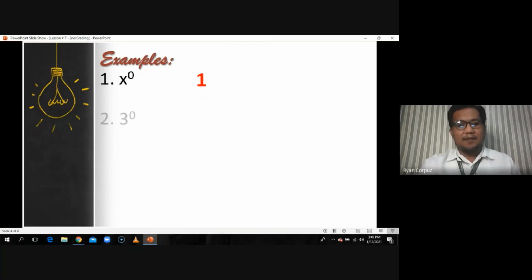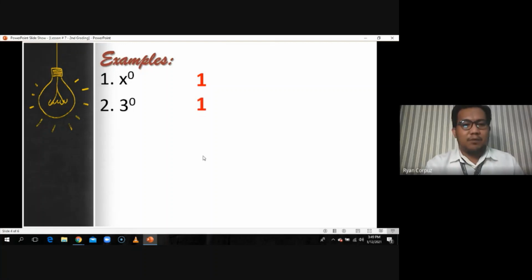So, let's try another. Another example is 3 raised to 0. This time, a number that was raised to 0. So by going back again to what we have to take note, when you do have a given number that was raised to 0, the answer is equal to 1.